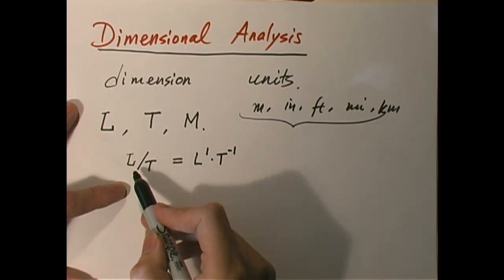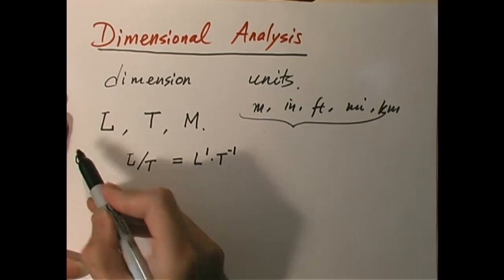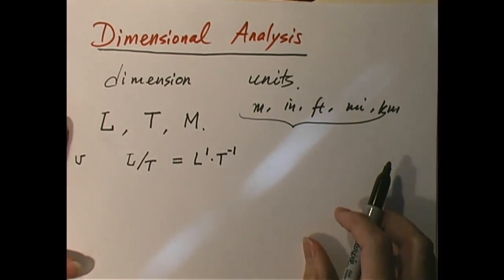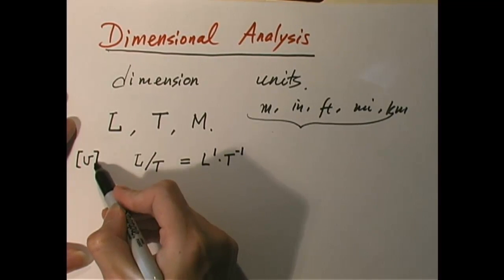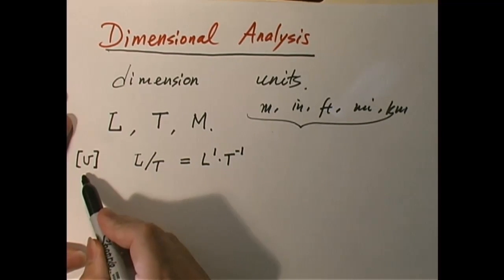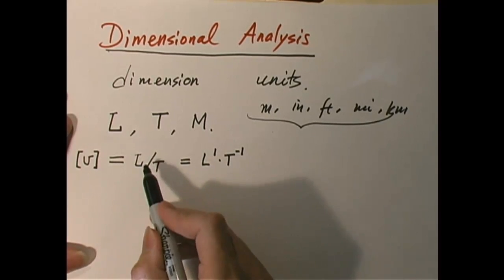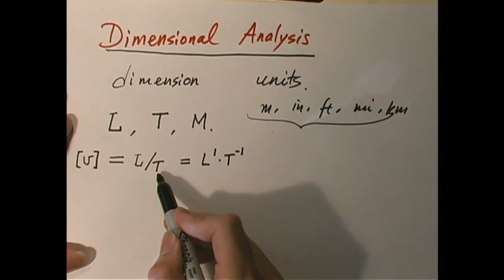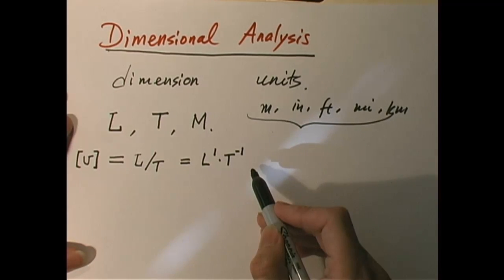This is the dimension of speed. Let's say the speed is denoted as V. How do I denote the dimension of speed? Well, I put it in a bracket like this. This symbol means the dimension of this quantity V is length dimension over time dimension. So that's the idea of dimension.